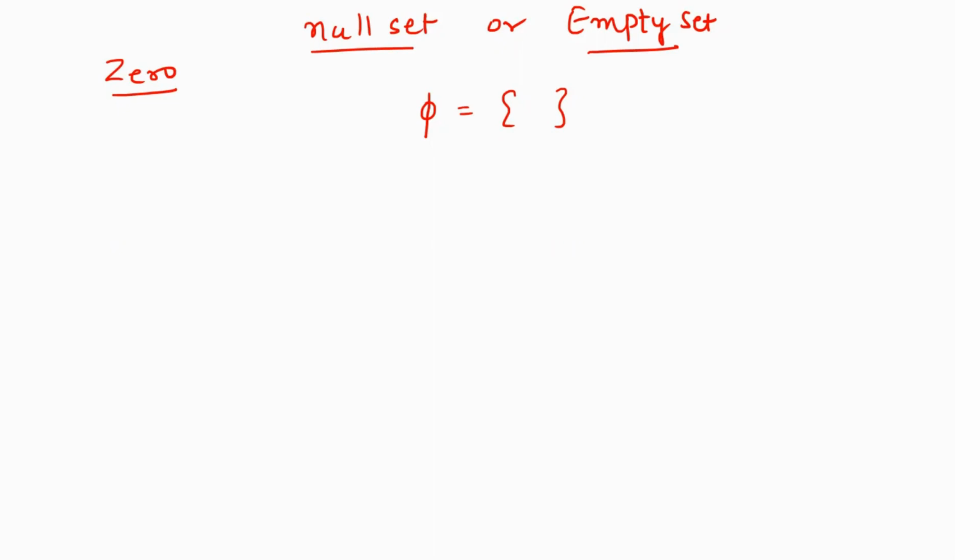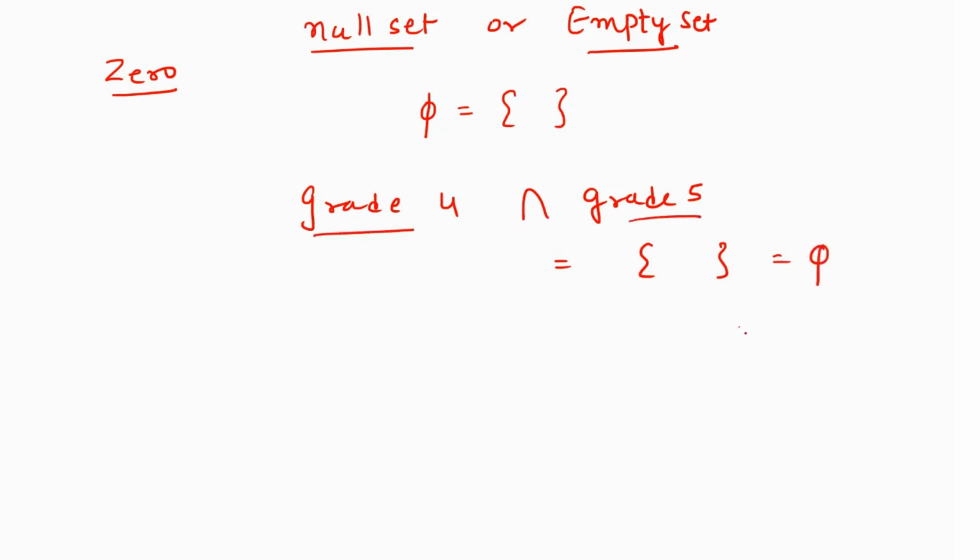So we have no intersection there, no students, and that set is void. If I do the intersection of grade 4 students and grade 5 students, I'm left with no student. So that is called phi. The intersection of grade 4 and grade 5 is my null set.